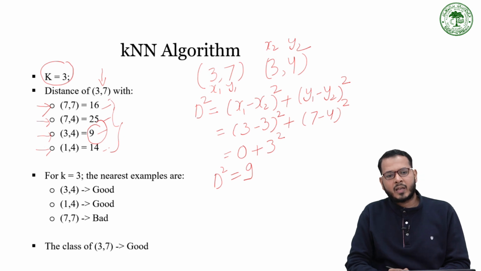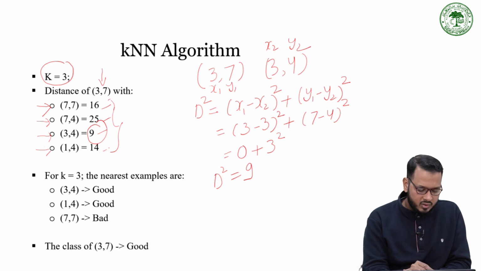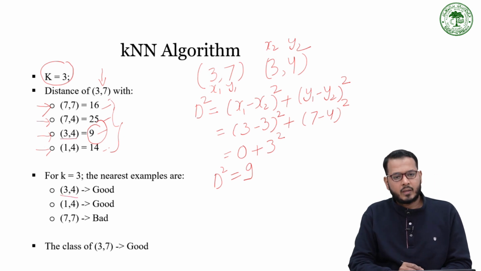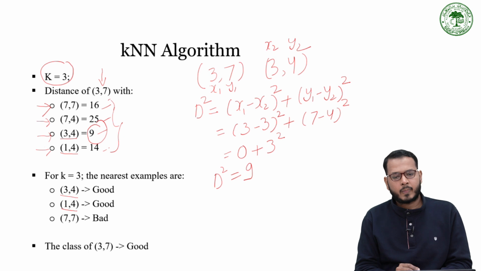So once I have calculated these 4 distances with my test sample 3, 7, I will check which of the 3 are nearest to me. The nearest is 3, 4, so I have written 3, 4 here. The next one is 1, 4, so I have written 1, 4 here.